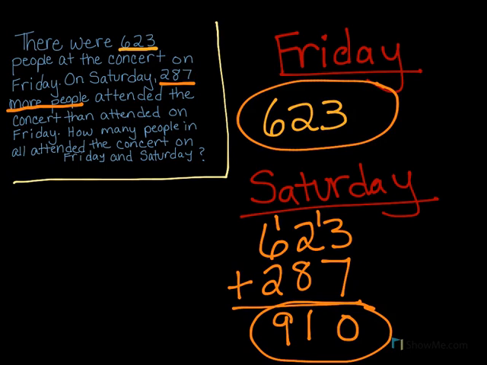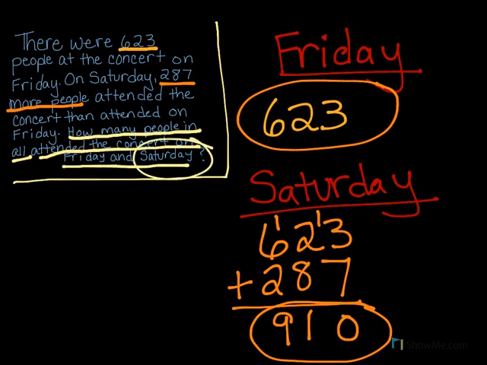The question is asking how many people in all attended the concert on Friday and Saturday. Friday and Saturday. I also see this keyword in all. In all usually means to add.